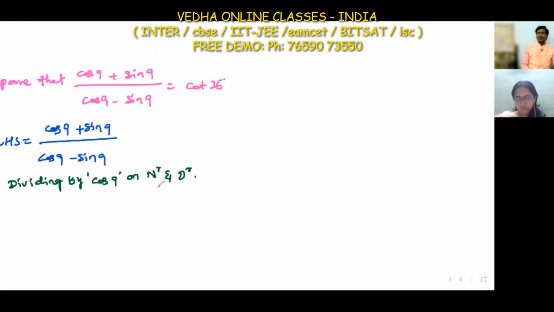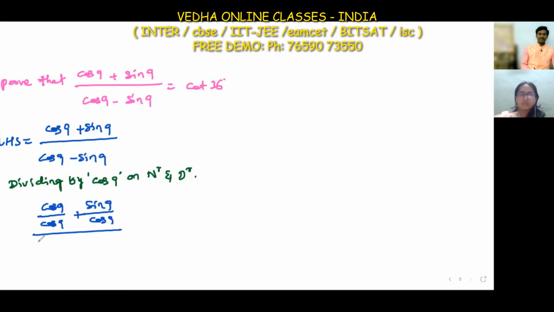That is nothing but cos 9 divided by cos 9 plus sin 9 divided by cos 9, whole divided by cos 9 divided by cos 9 minus sin 9 divided by cos 9.